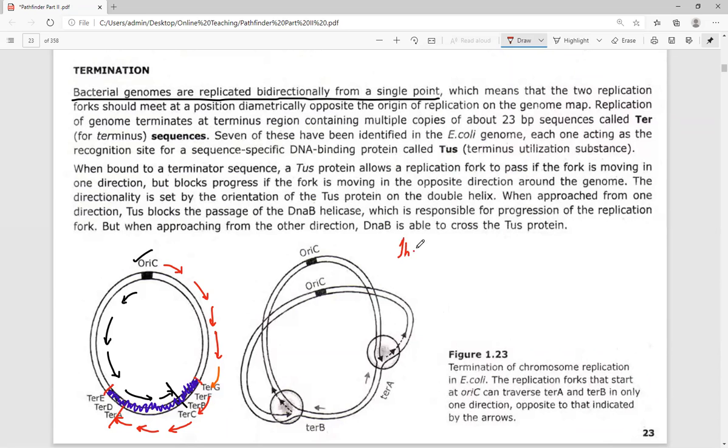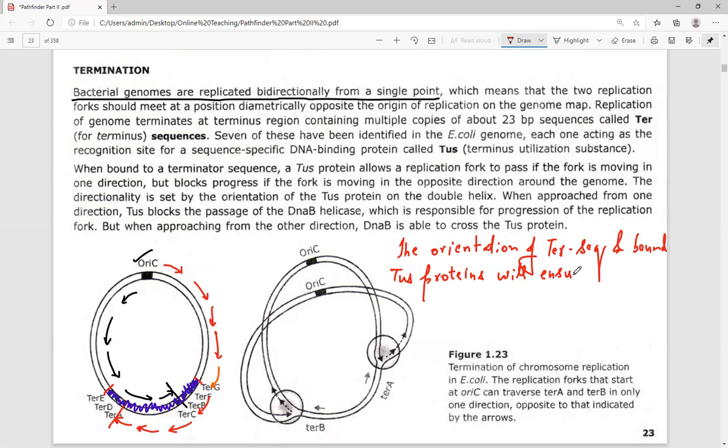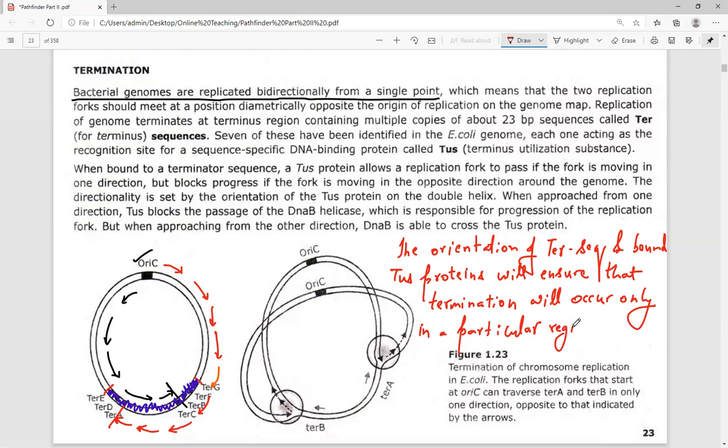The orientation of ter sequences and bound TUS proteins will ensure that termination will occur only in a particular region, between the two ter sequences.